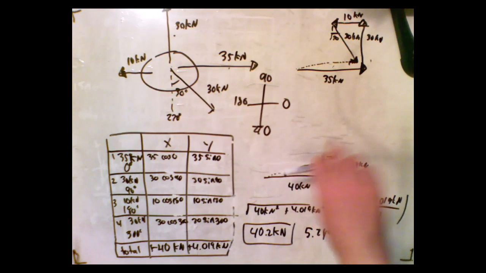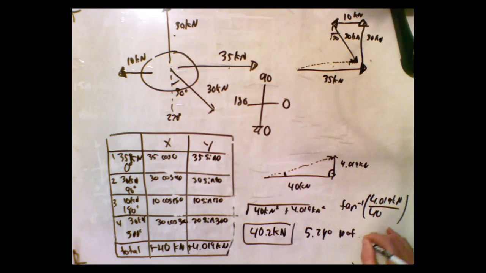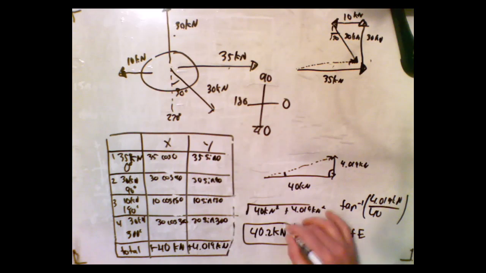I'm not going east, I'm going north of east. There we go. And that's how you solve that question. So there's one more question here that we'll take a look at, and then we're all done after that.